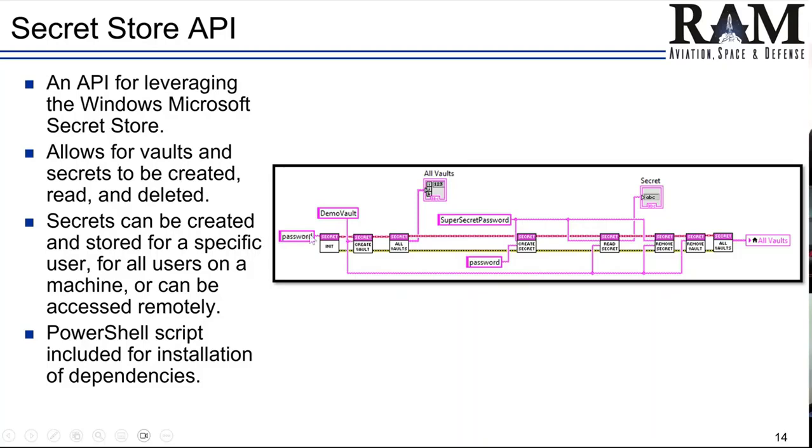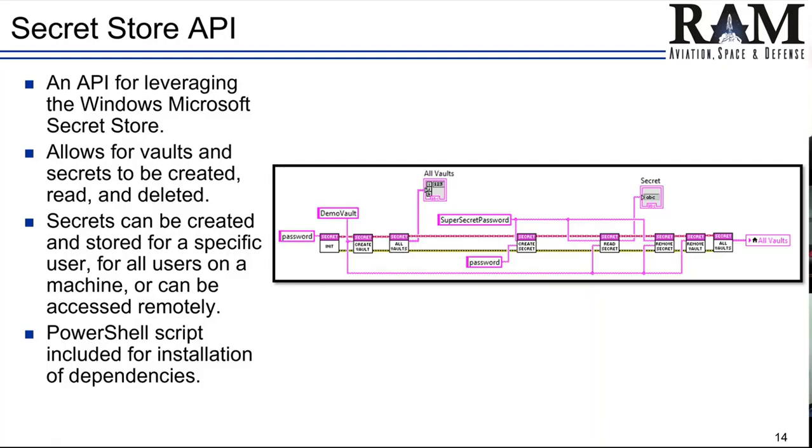Here it's just "password." But when you first run the installation, it's going to prompt you and say, hey, what do you want your initial password to be? I do have a LabVIEW function available that lets you change that password through LabVIEW in the future if you ever need to. But yeah, the password is all you really need to connect to it. And then from there, you can store secrets securely and whatnot.